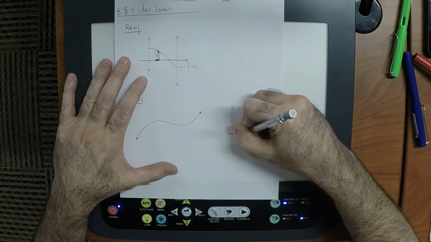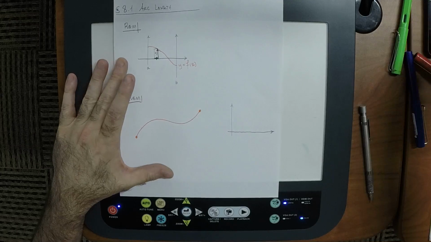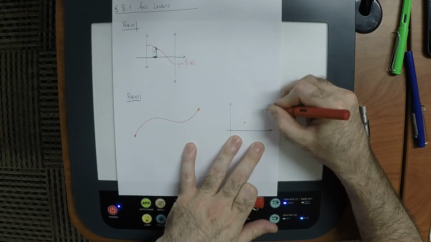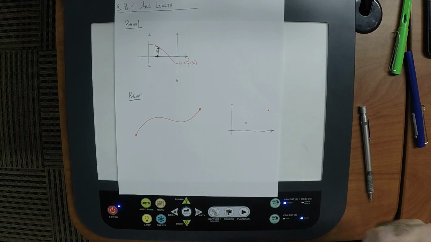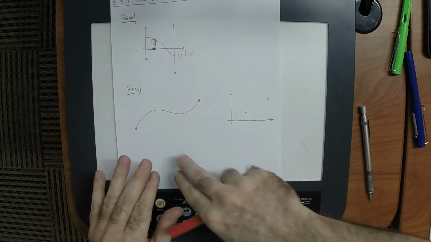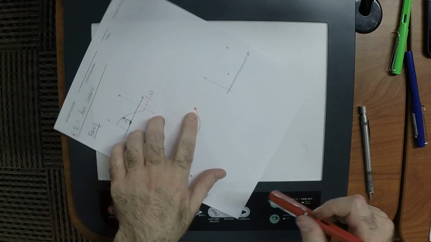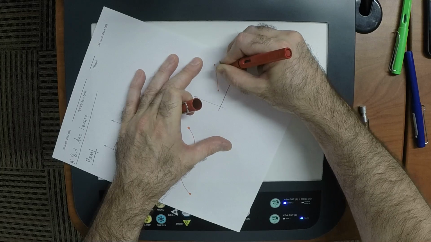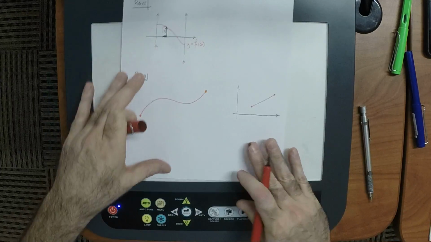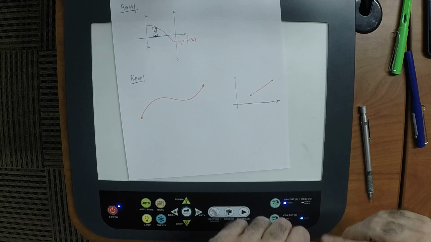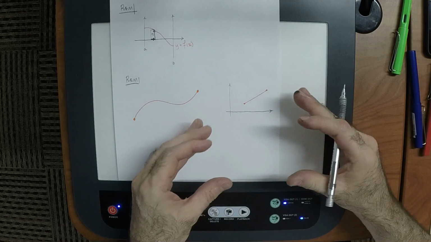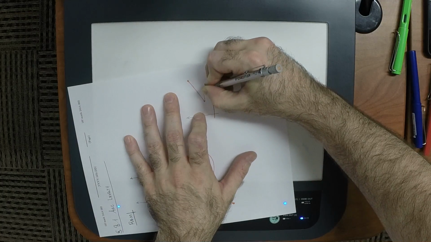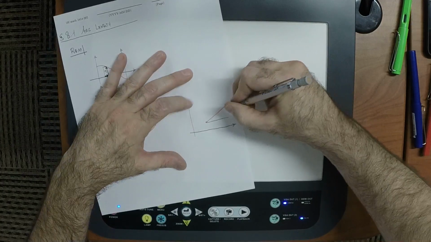Suppose we have a rectangular coordinate system over here, and we've got 2 points, like this point and that point. But in fact, instead of being wavy like that, suppose it's straight, so that this is a line segment. Because it is situated inside of a rectangular coordinate system, I can measure the horizontal here and the vertical.